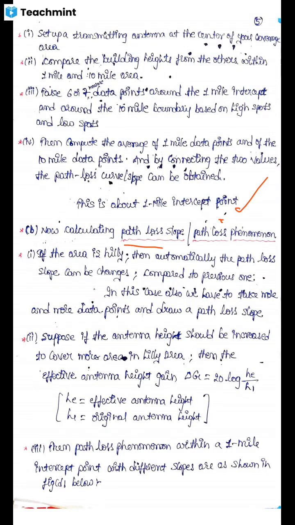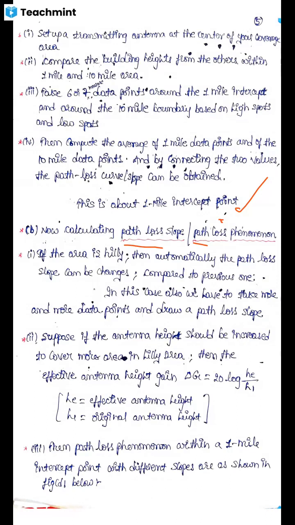So we will draw different path loss curves for different areas and display all these curves in one place. We study all these path loss curves of different areas in one step, and that can be called path loss phenomena.